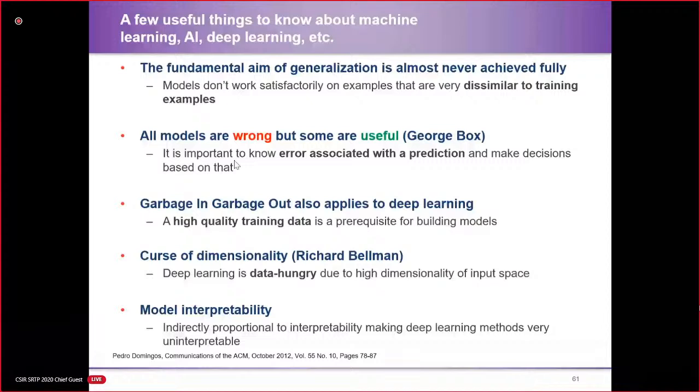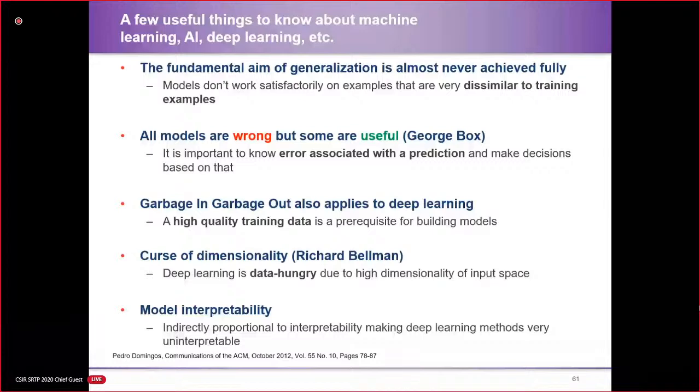Actually it applies more to deep learning because they are more susceptible to overfitting than some of the other classical methods, because there are lots of parameters to train here. Richard Bellman called it the curse of dimensionality. As I said, in deep learning you have many different weights. In the toy example, we just had 3 weights, but in my ESP DNN model, I had 50,000 different weights, which we optimized as part of the graph convolutional deep neural network.